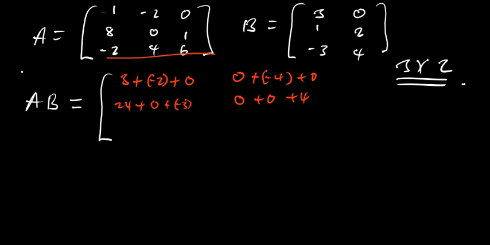Then now I come here. So I'll do the same. So I multiply that by that, next by that. Okay, so -2 times 3, -6, plus 4 times 1 is 4, 6 times -3 is -18. So it's the same as plus, then I put -18 here. -2 times 0 now is 0, 4 times 2 is 8, 6 times 4, 24.